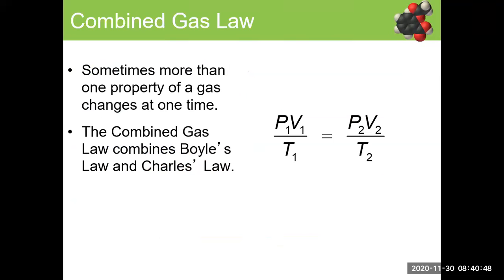Combining those equations, we get P1 times V1 divided by T1 equals P2 times V2 divided by T2. So if we have any changes in pressure, volume, or temperature, we can see what the effect is on the pressure, volume, and temperature of the second set of conditions.